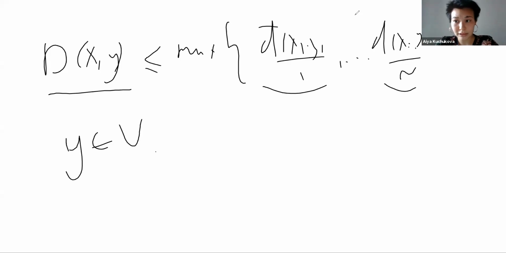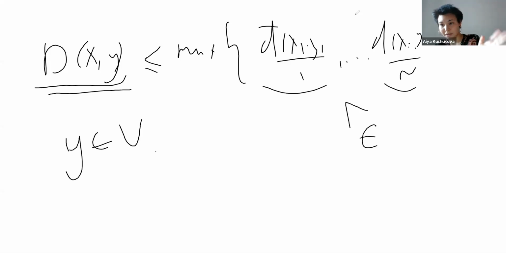And that also means that the maximum would be lower than epsilon. And so it means that this d(x,y) is lower than epsilon, which means that y is also in that ball around x. So that means that this works.